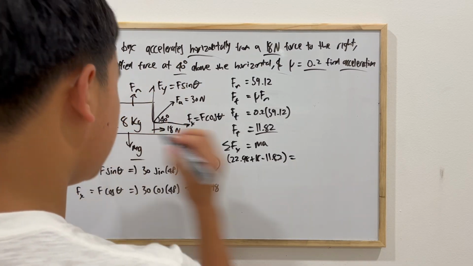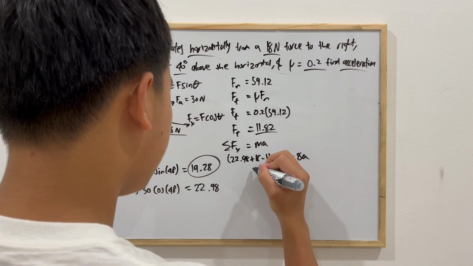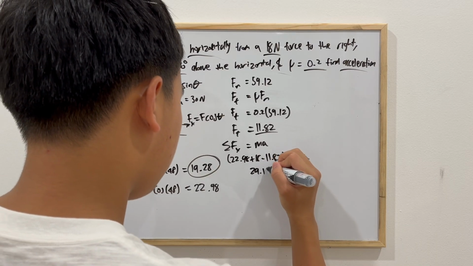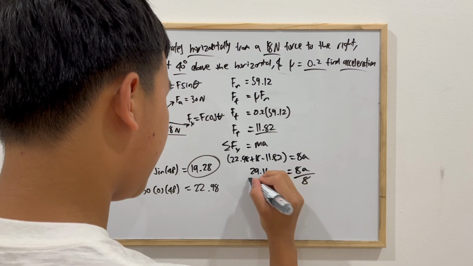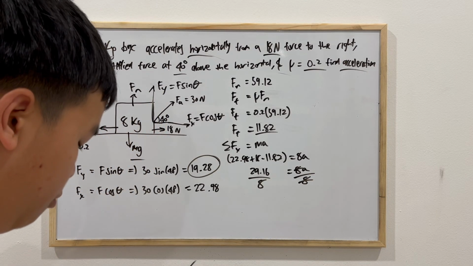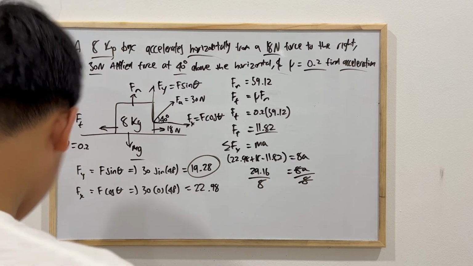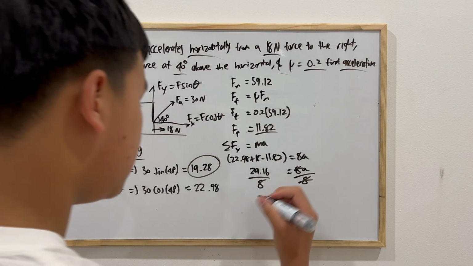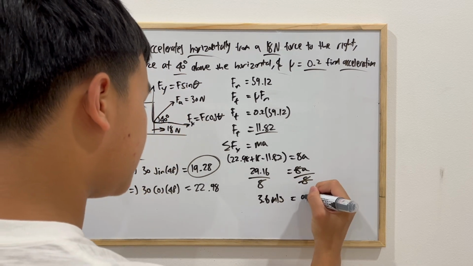Equals m, that's just 8, times acceleration. We're going to get 29.16 equals 8a. All you have to do is divide both sides by 8, and we are going to get 3.6 meters per second squared as our acceleration value.